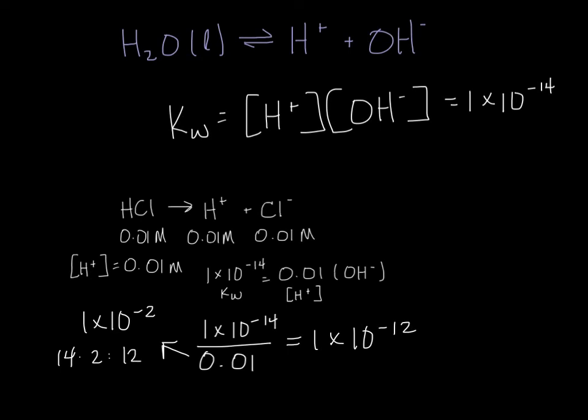Remember, when you're dividing things in scientific notation, you subtract the exponents. If you're multiplying things in scientific notation, you add the exponents. So 1 times 10 to the negative 12 is equal to our OH minus concentration.